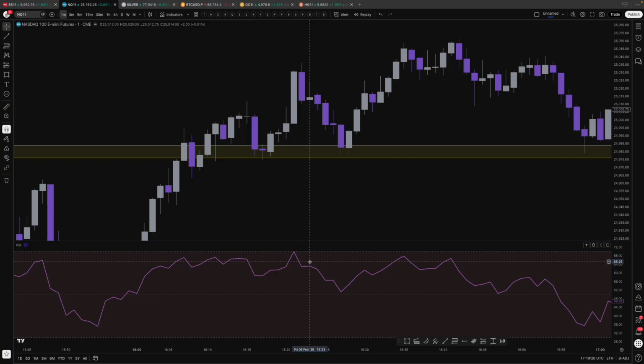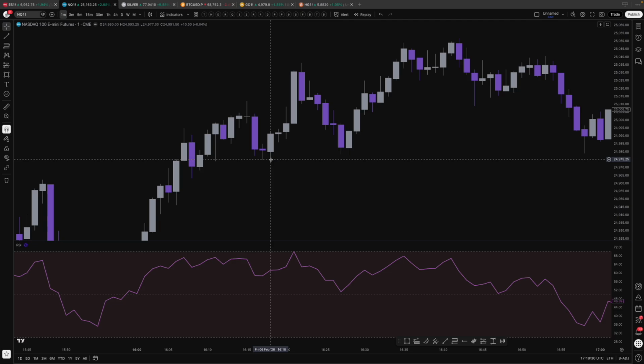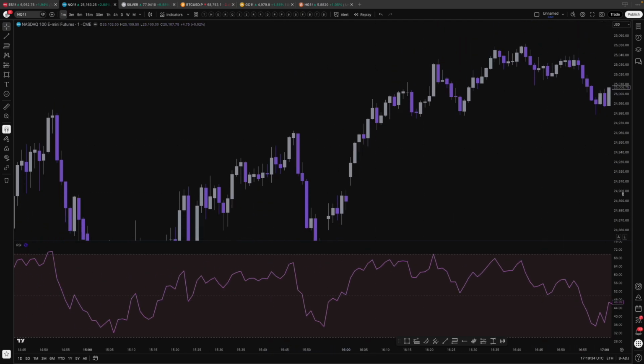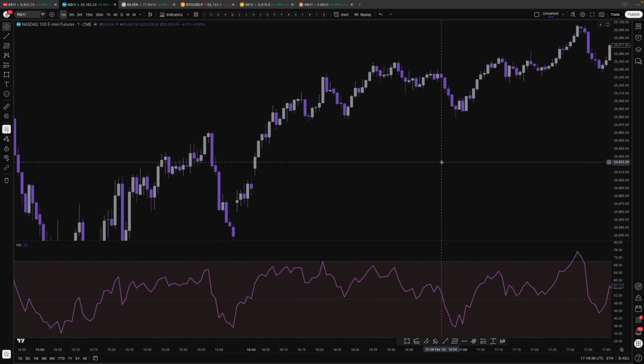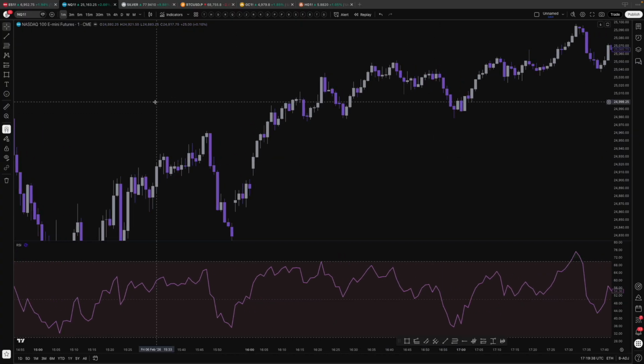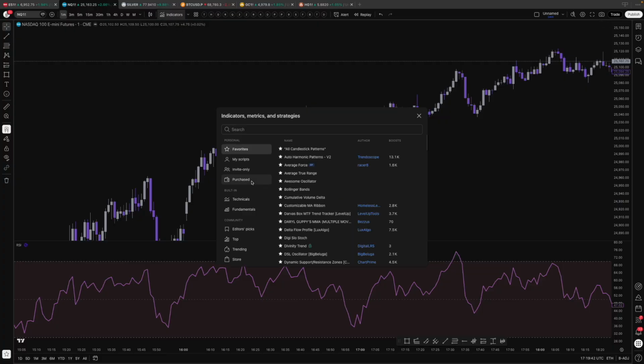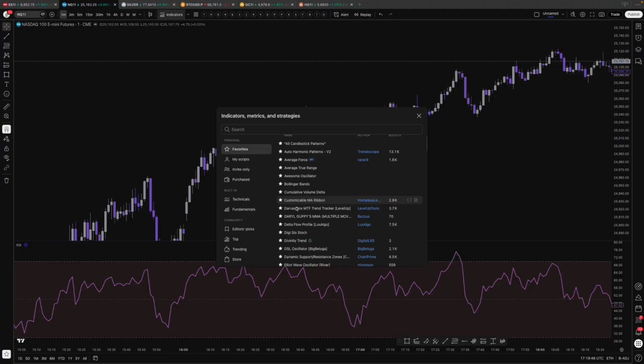That's that in a nutshell. So this is looking at it with some market structure. Again, you can use fair value gaps, order blocks, EMAs, or whatever, if you like to add another indicator that's going to give us also some market information. Personally, I really like using Bollinger Bands with RSI.